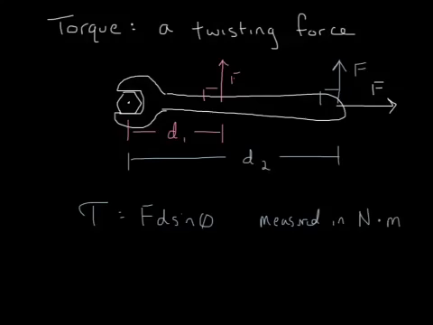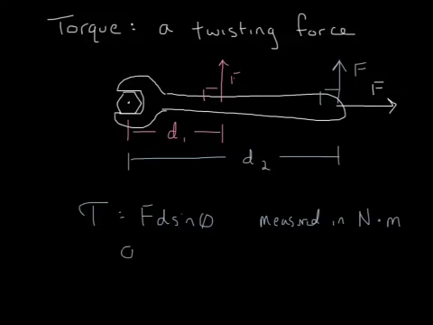So we can quickly see, looking at the equation, the bigger the force, the bigger the torque, but then also the bigger the distance from the axis of rotation, the bigger the torque. And then finally we see that torque also depends on the angle, and the closer that angle is to 90 degrees, the more the torque will be.